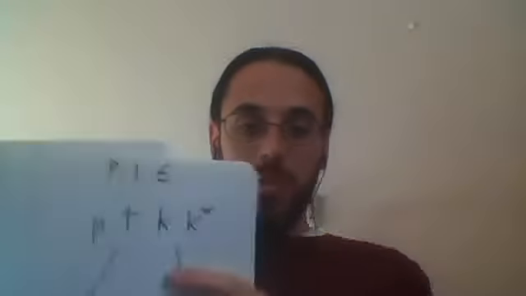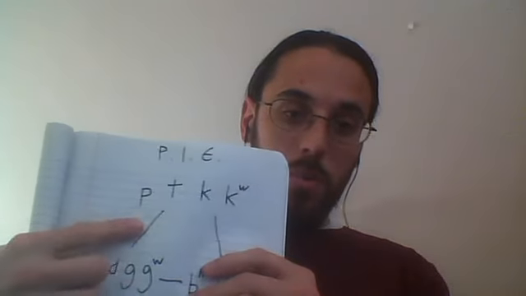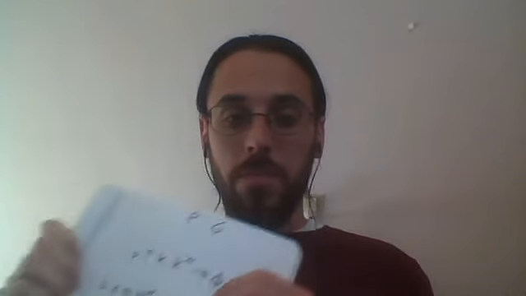So Grimm's Law is a change. It's actually three changes. So what first happens is that the voiceless plosives of Proto-Indo-European, p, t, k, and kʷ, turn to voiceless fricatives instead.